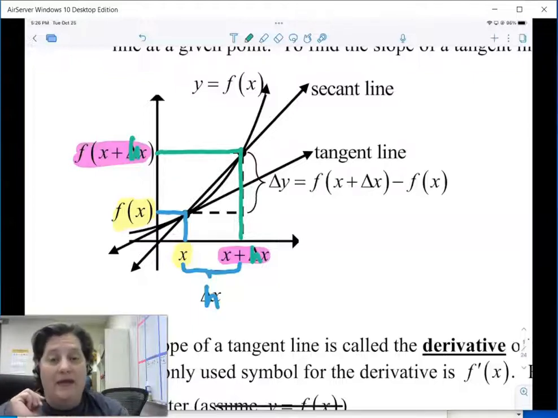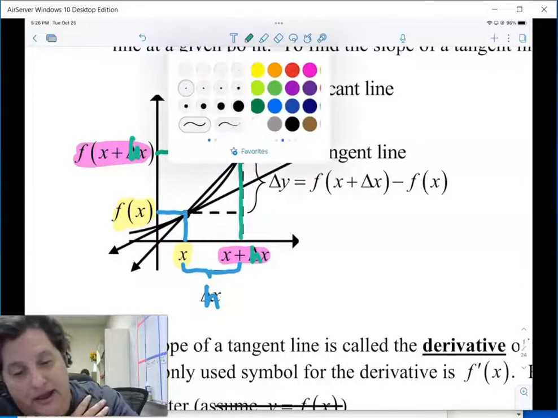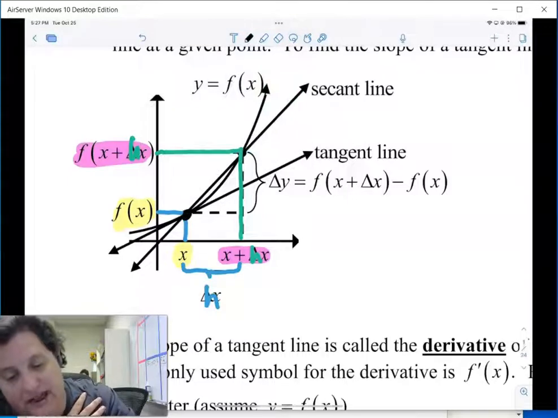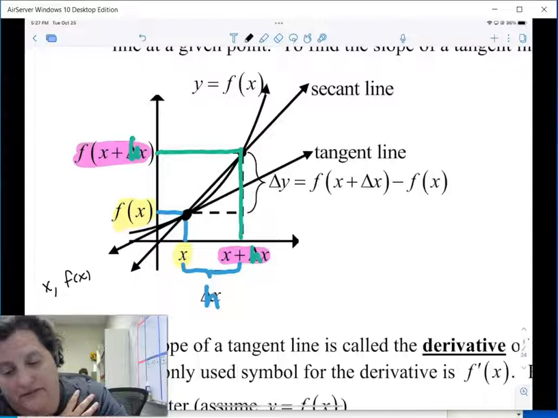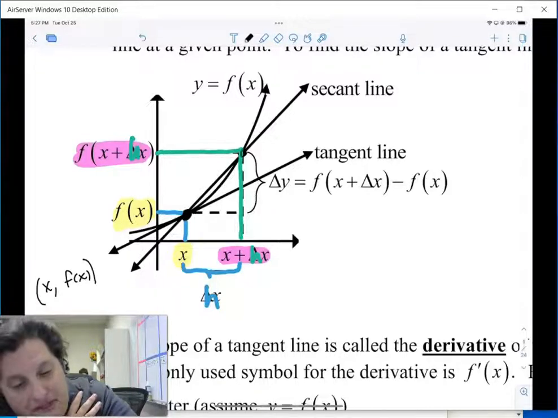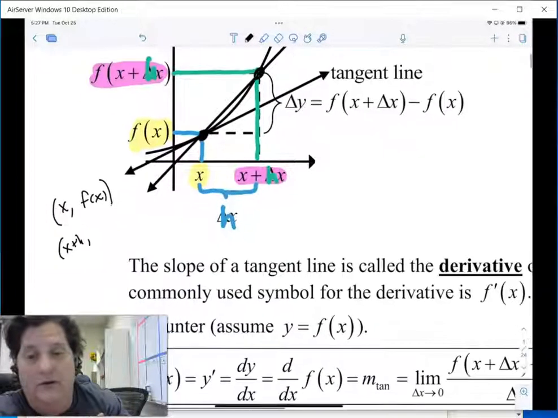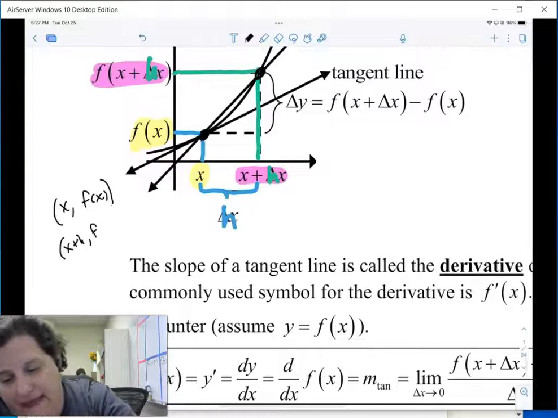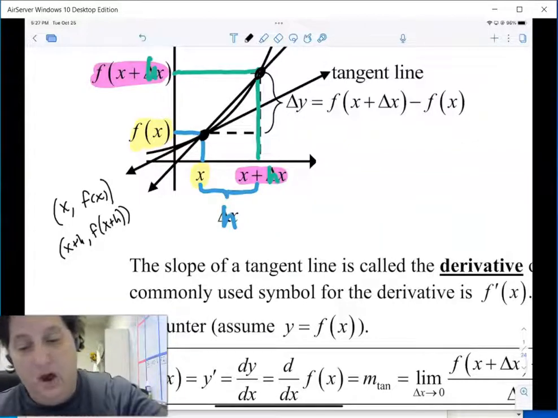Now, the way that we find the slope between 2 points, okay? So again, this point right here has an x coordinate of x and a y coordinate of f of x. This point right here has an x coordinate of x plus a little bit, whether you want to use h or delta x or whatever, and f of x plus a little bit. Now, how do we find the slope of this line?